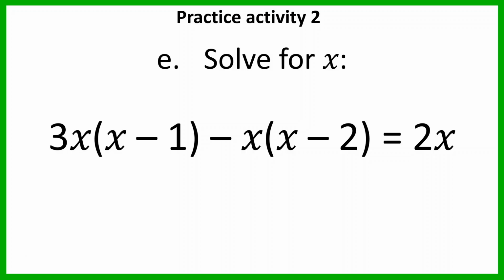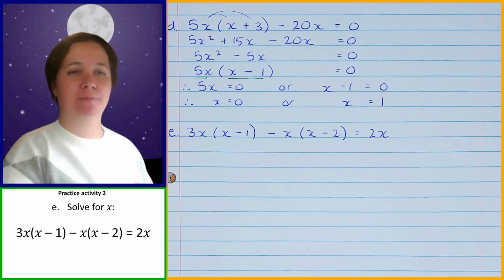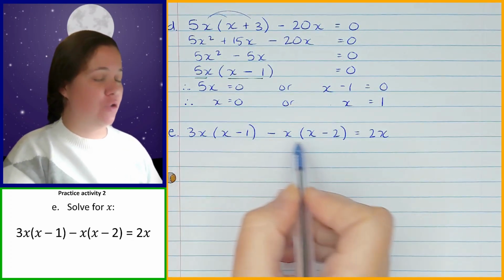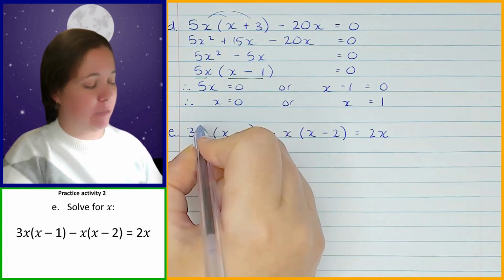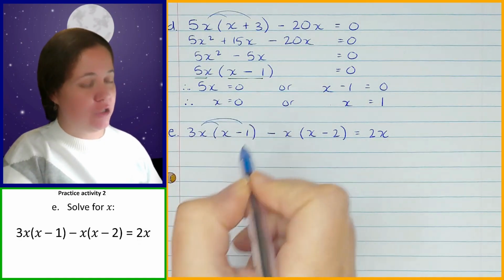Okay, so let's go through that question and see what you should have got. Right, so the first thing we have to do is multiply out these brackets. So I'm going to multiply the 3x into each term in that bracket.